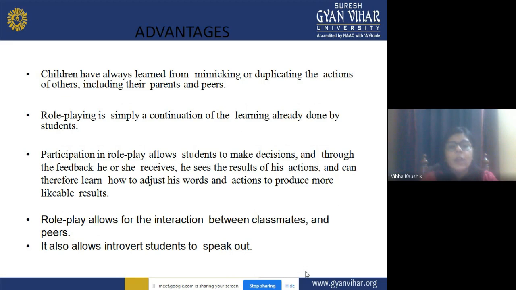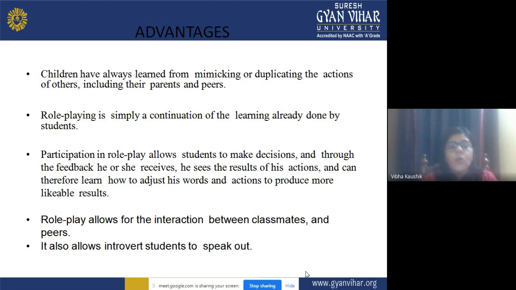Participation in role play allows students to make decisions, and through the feedback he or she receives, he sees the result of his action, and can therefore learn how to adjust his words and actions to that particular situation to produce more likable results.